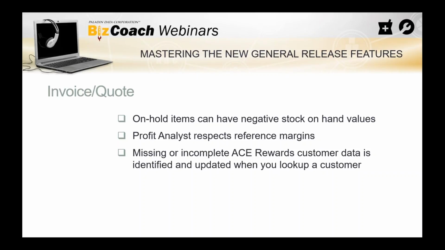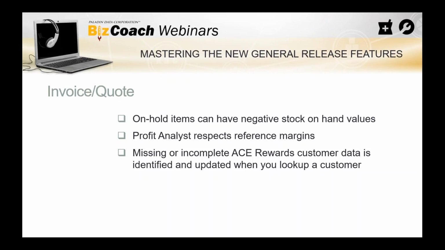All right. Next, on our ACE stores, as it pertains to collecting and updating incomplete ACE rewards information, it used to come up and this message would say, hey, you don't have enough information or information is missing. Go to AceNet, add the information, and then update their profile so that it doesn't pop with that box anymore.